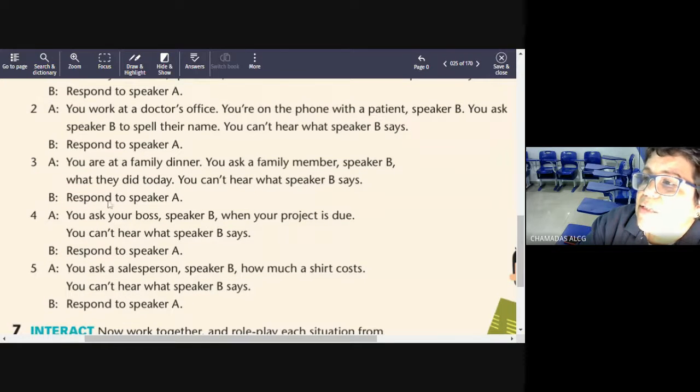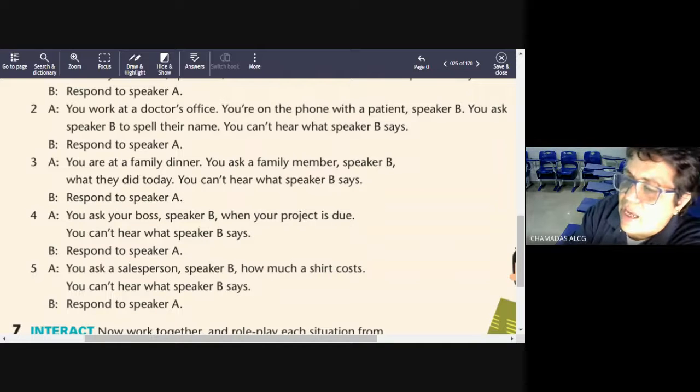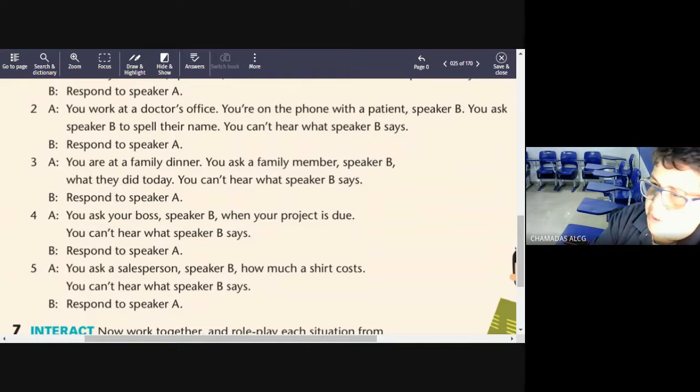Actually, no, this is the answer. Okay, this is to respond. So here, you can't hear what speaker B says. So how do you interact here? So in this case now, speaker B is answering. You are speaker A, okay?